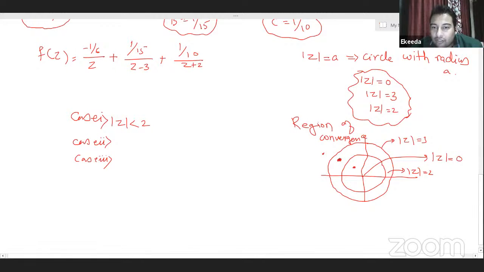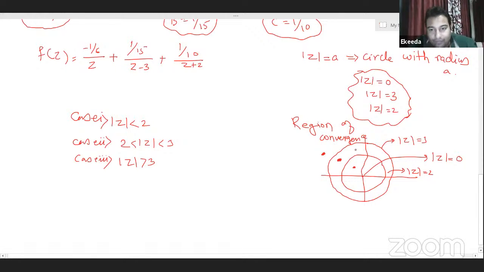Now the second point is lying outside this circle and inside this particular circle. That means this point is lying between 2 and 3. And finally, the point is lying outside this bigger circle. So that is mod z greater than 3. Inside means less and outside means greater.